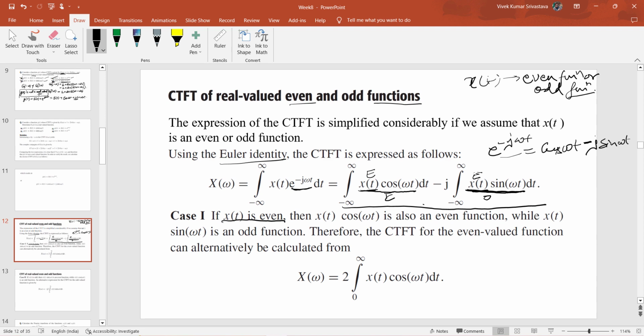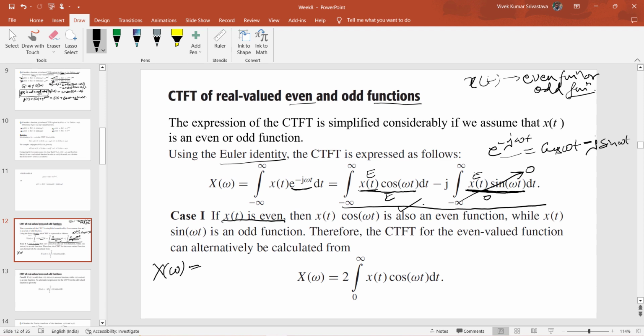The integral of this odd function from minus infinity to infinity will be equal to 0. So when x of t is an even function, we can evaluate the overall Fourier transform using the first term.